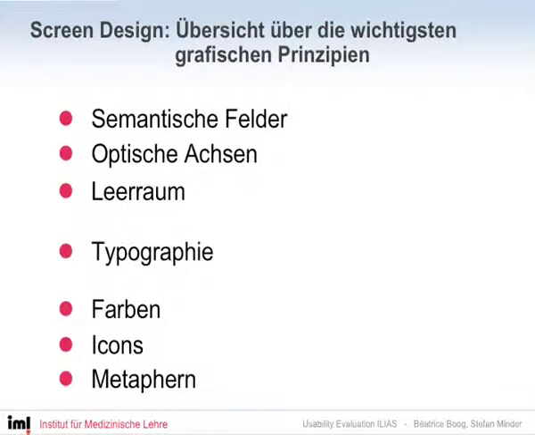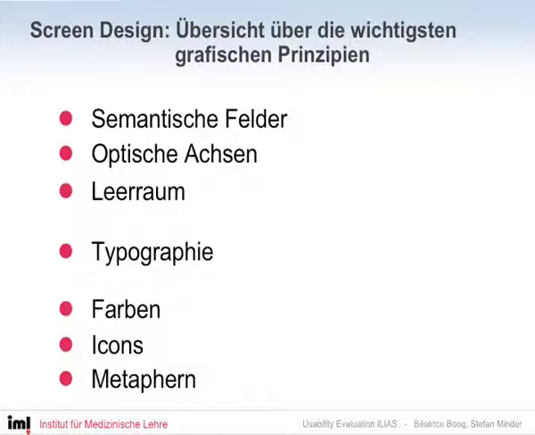Now we have seen semantic fields, optical axis, and the space between the fields is important so that you can see the optical axis and see the semantic fields. What else helps to do screen design? Typography. Use clear letter sizes, maybe 3 kinds of font sizes to communicate what's the main title and what's content.